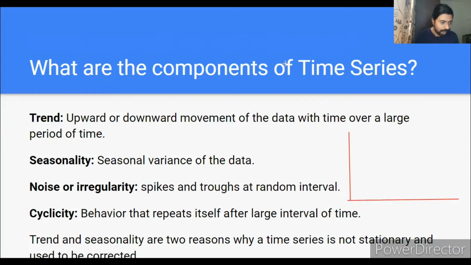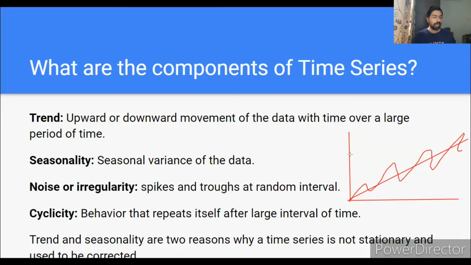If the mean of all these data points from which I draw these curves is increasing or decreasing over time, then this is called the trend.